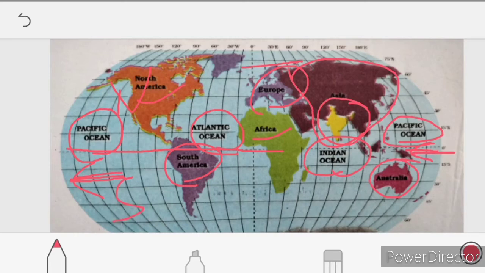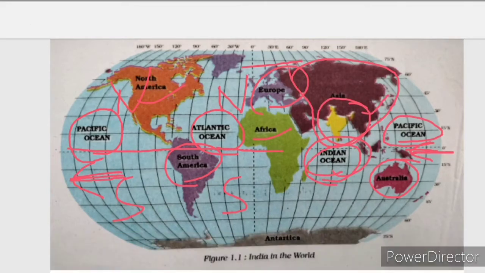Same as the Atlantic Ocean, which is also divided into two parts, the North Atlantic Ocean and the South Atlantic Ocean. In this way, we see in this map 7 continents and 7 oceans in the world. India is located on the north side of the Indian Ocean.